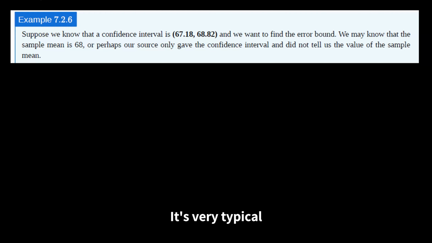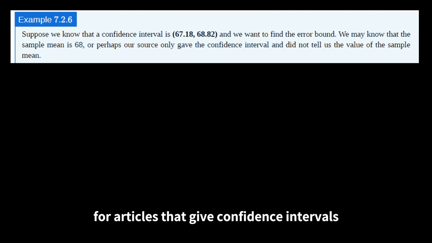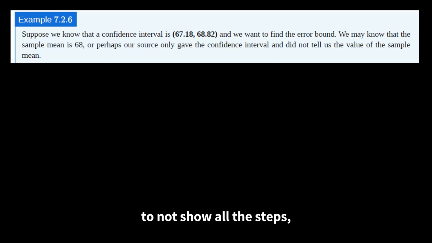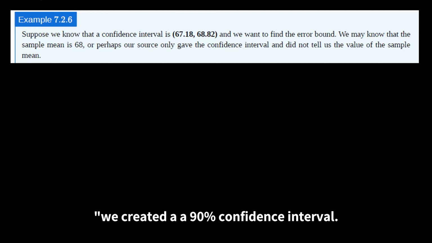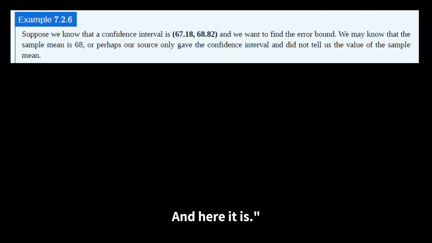It's very typical for articles that give confidence intervals to not show all the steps, but to sum up the steps, they'd say we created a 90% confidence interval and here it is. They would do it more eloquently, but you get the idea.